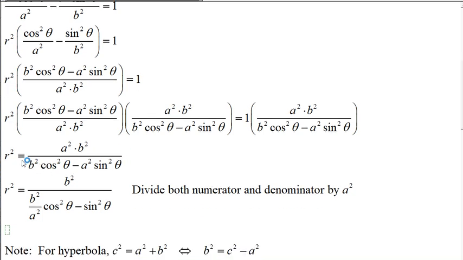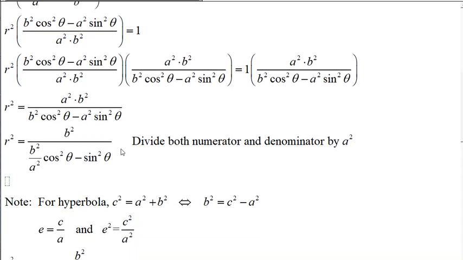But let's go ahead and simplify it a little bit more. From here, let's divide both the numerator and the denominator by a squared. Dividing the numerator by a squared, we get b squared.